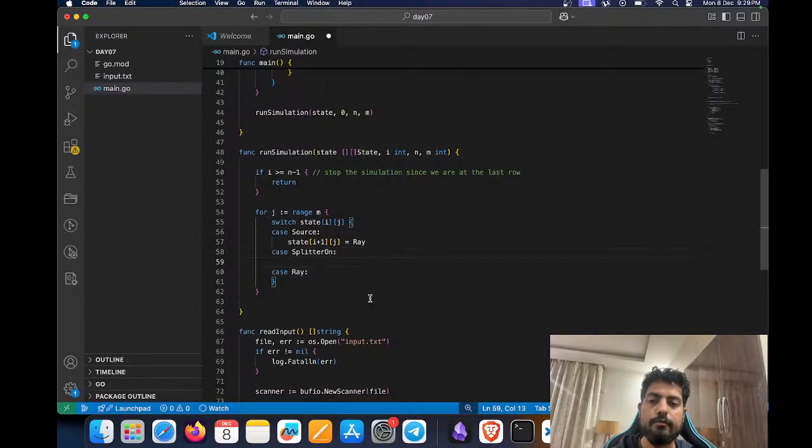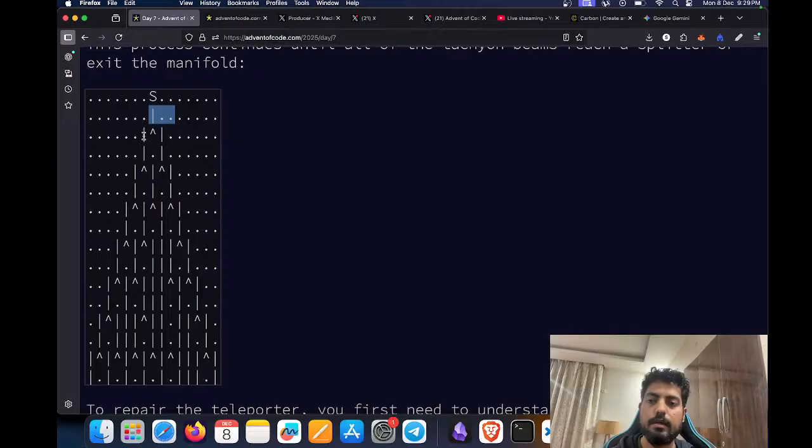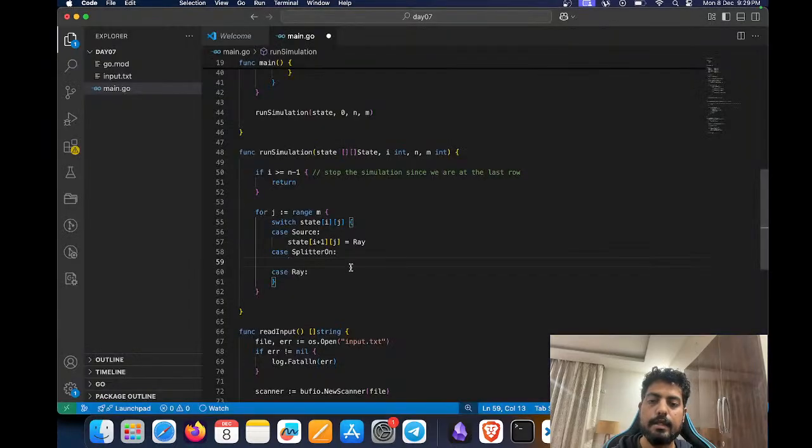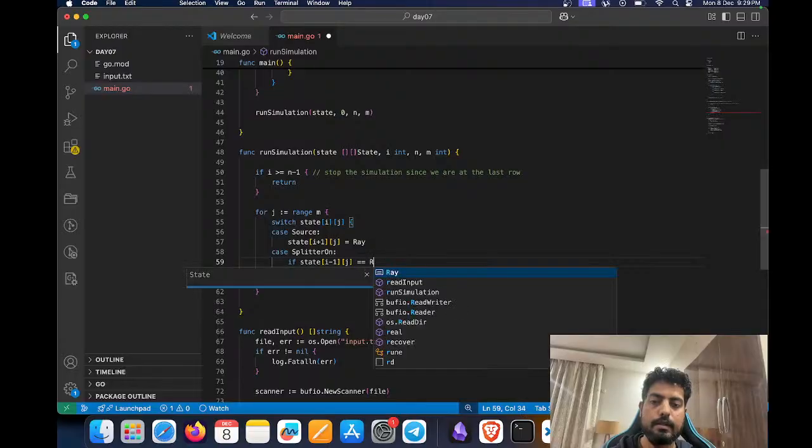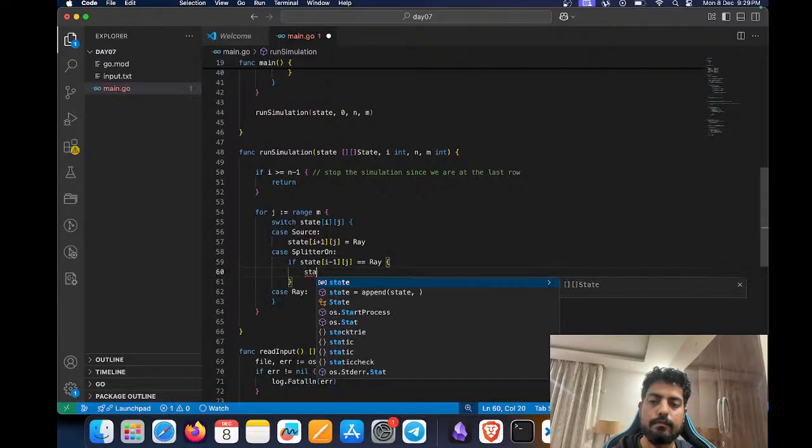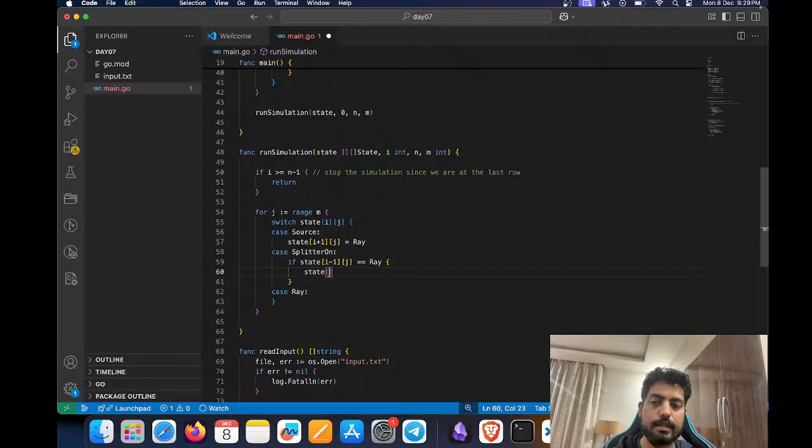Now if our state has splitter on, like this is our state and our splitter is currently on, and if it sees that just above it we have a ray which touches it, then this splitter would be turned off, else we would do nothing. So if state i minus 1 j has a ray just above it, then we can modify the state.